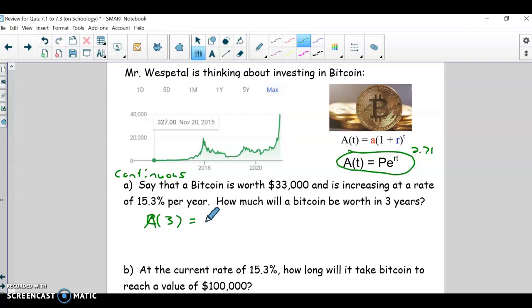The amount after 3 years is the principal, 33,000, times E to the rate as a decimal. So I'm going to move the decimal over twice, so it's 0.153, and then times 3 years. And so if you crunch all that, that'll get you the amount after 3 years.